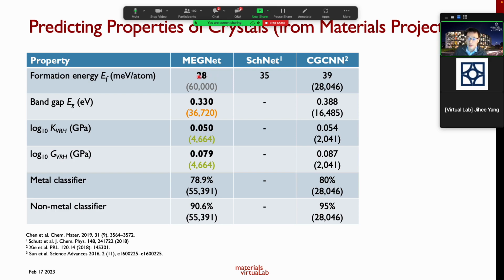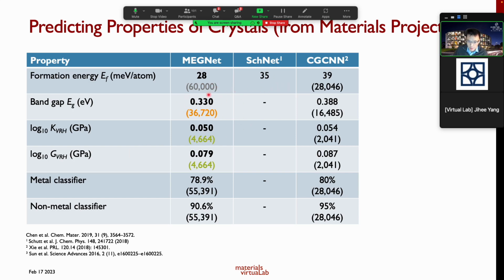Most graph neural network models get something close to that. For example, CGCNN gets about 40 meV per atom, and SchNet gets about 35 meV per atom. Of course, this data is several years old. We made this MEGNet model in 2019, and today is 2023, so it has significantly improved since then.